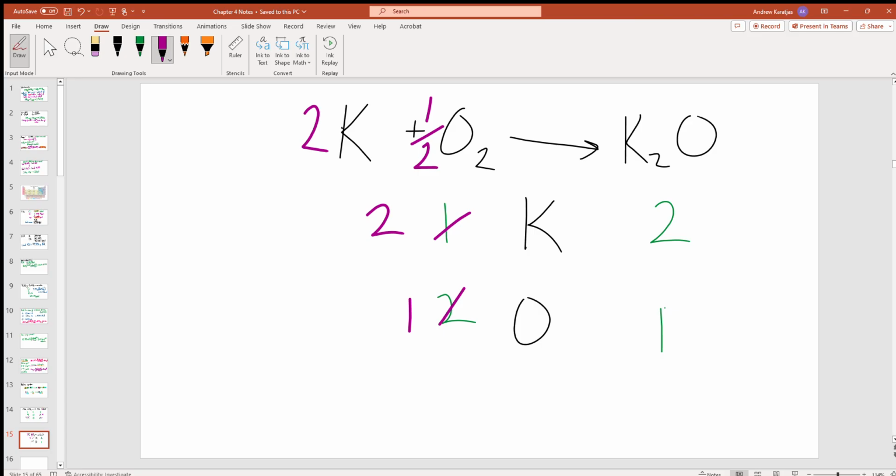Can I do that? The answer to that all depends on how you think of the chemical reaction. So if you're thinking of this reaction as 2 atoms of potassium react with half an atom of O2, that doesn't work because can we have half of an atom of something or half of a molecule of something?